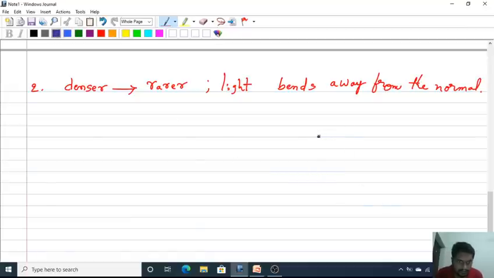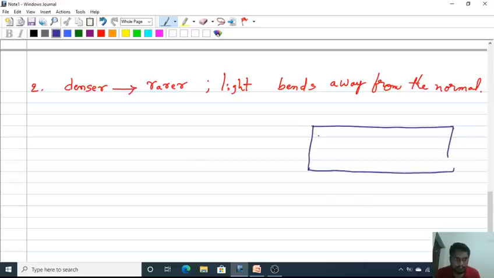Let us see the same transparent medium. Now light is traveling from denser medium to rarer medium. Initially the light is in the denser medium.